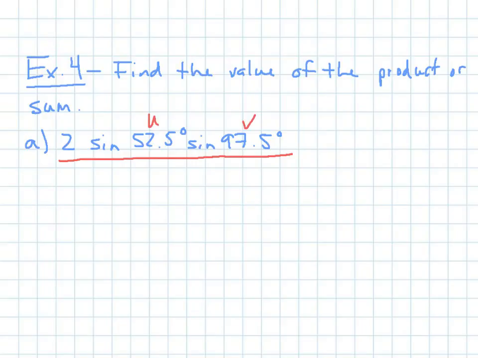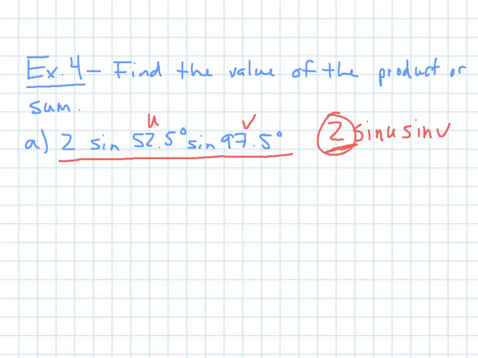So that's like having the product to sum formula for sine of u times sine of v. Now I know that there's no number here, but in this case they have a 2 next to it. But that just means when we're done, we just divide by 2 or take our value times 2. So it's like there's 2 of them.